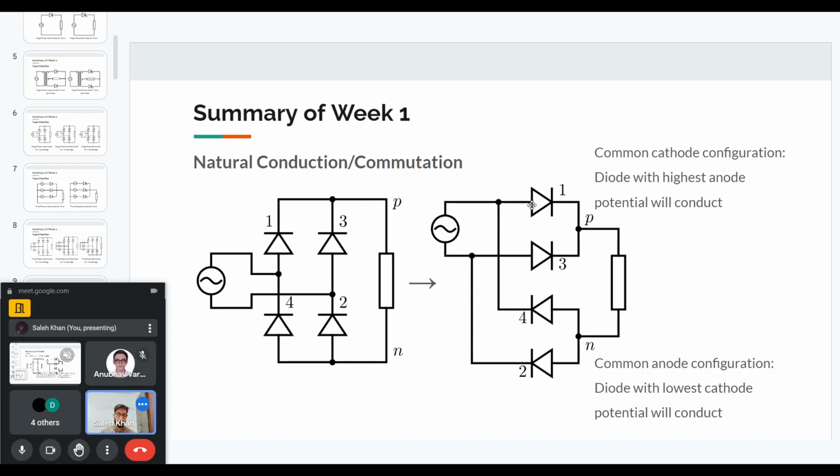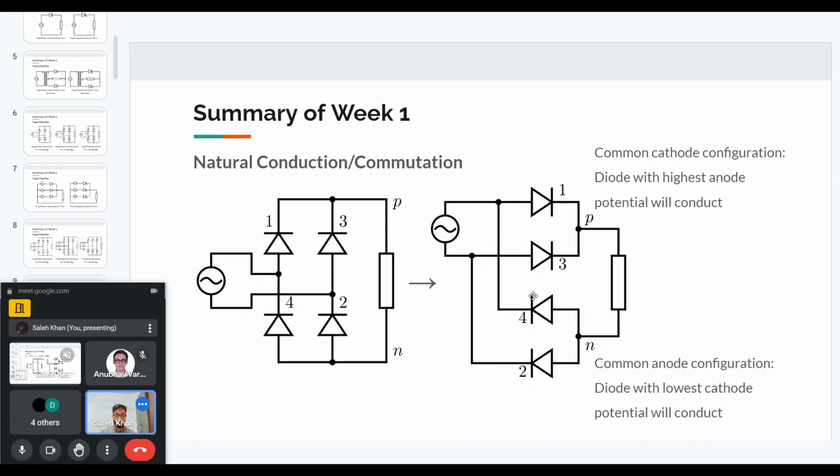So for example, if you are in the positive half cycle of the supply, then the anode of diode 1 has a positive voltage, while the anode of diode 3 has 0 voltage. That is why in the positive half cycle, diode 1 will conduct, because it has a higher potential than the anode of diode 3.